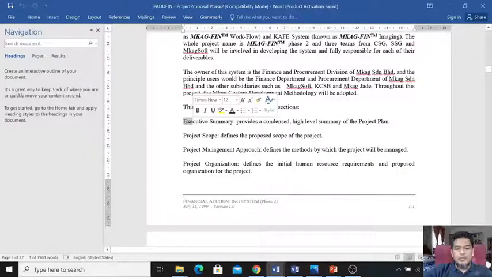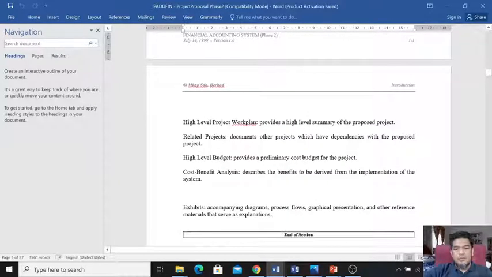So this report contains the executive summary, the project scope, and the project management. This report describes the project organization and the high level project work plan. These are all the chapters inside your business proposal report.